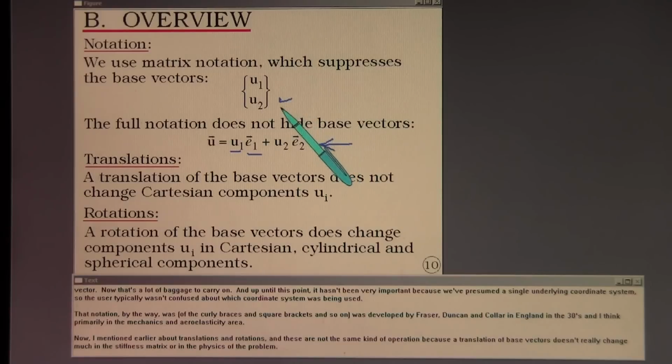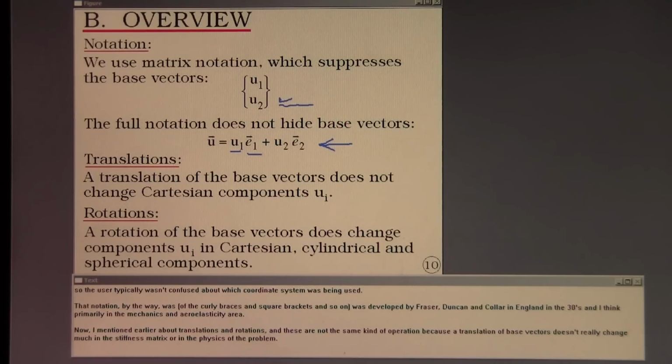That notation, by the way, of the curly braces and square brackets and so on, was developed by Frazer, Duncan, and Collar in England in the 30s, and I think primarily in the fluid mechanics and aeroelasticity area.